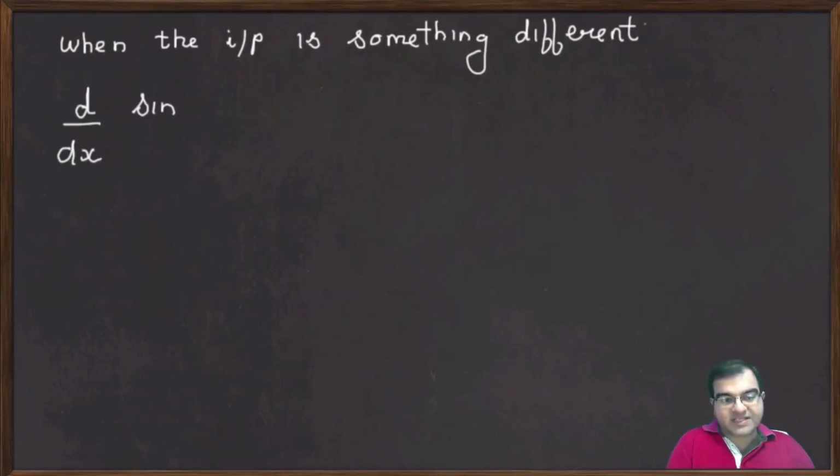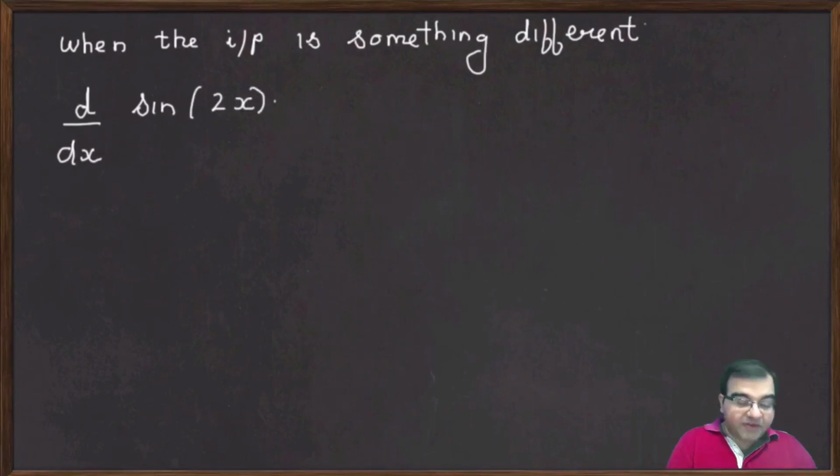So when your input is something different, here I've written d by dx of sine. Now obviously I know derivative of sine of input is cos of input. So I don't know what is my input right now. With respect to derivative, my input is x. But what is there with sine, I don't know.